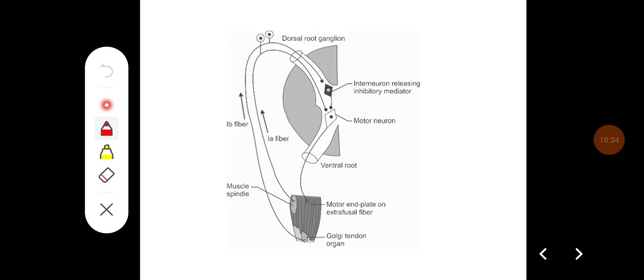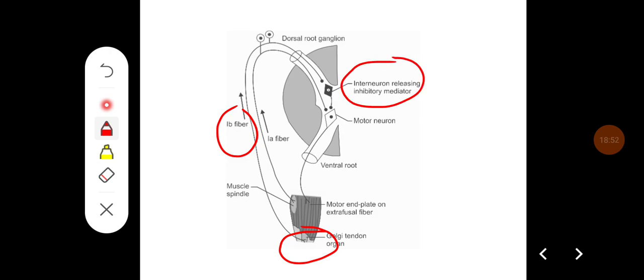When the Golgi tendon organs are stretched excessively because of excessive passive stretching or active contraction of the muscle fiber, the afferent 1B fires, and that goes to the interneurons, where it is going to produce an inhibitory neurotransmitter on the same motor neuron, which causes relaxation of the extrafusal muscle. This is called the inverse stretch reflex or autogenic inhibition, which is again an example of a disynaptic reflex.